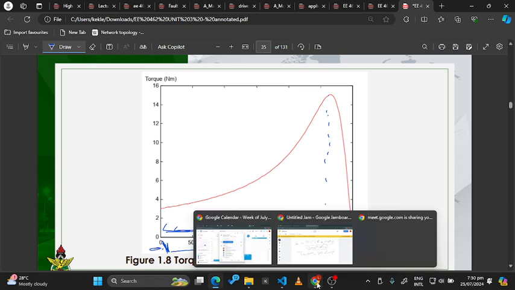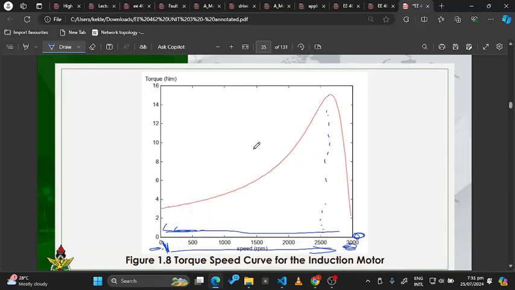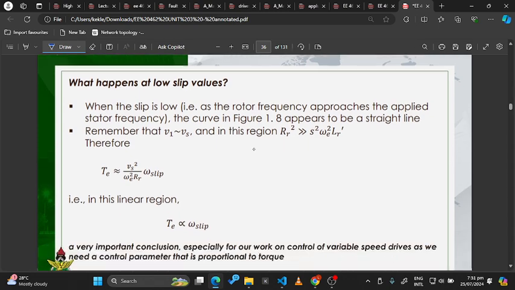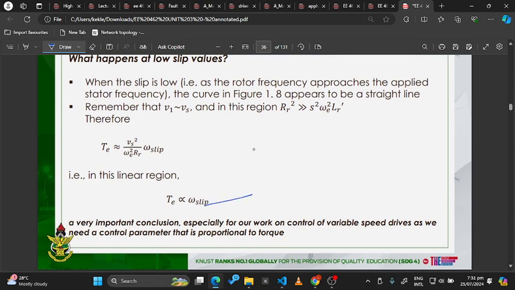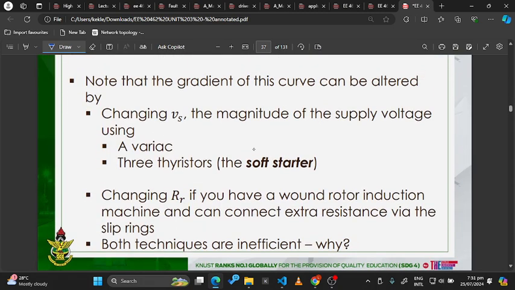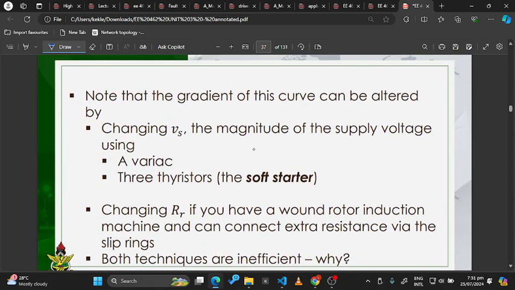If the slip is very small, the torque becomes proportional to the slip frequency.